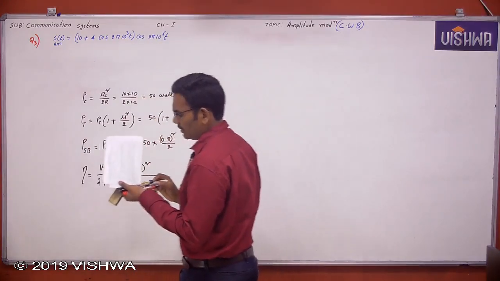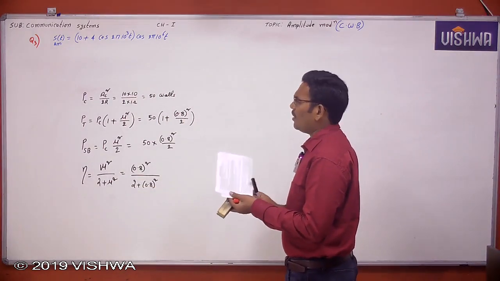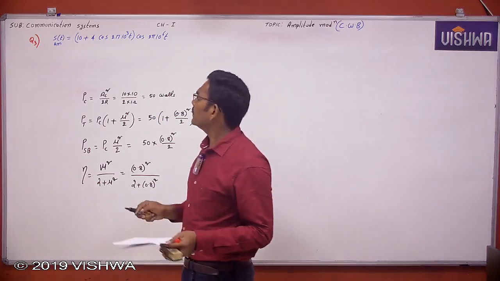Now this is the AM signal represented in time domain. Then determine all parameters of AM. All parameters is nothing but power, bandwidth and all these things.